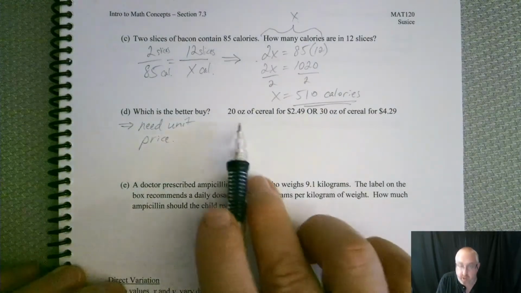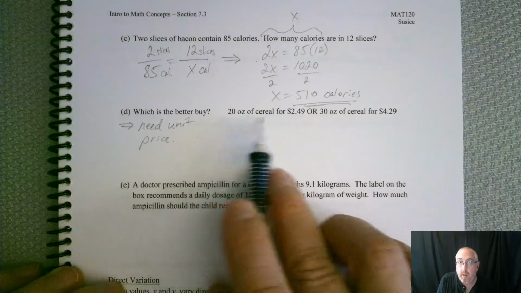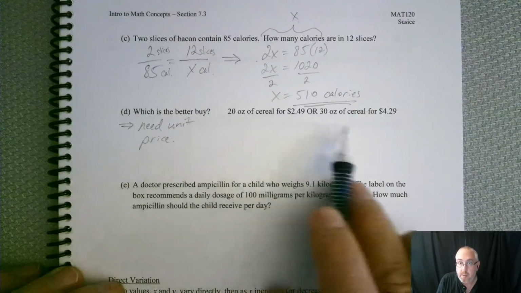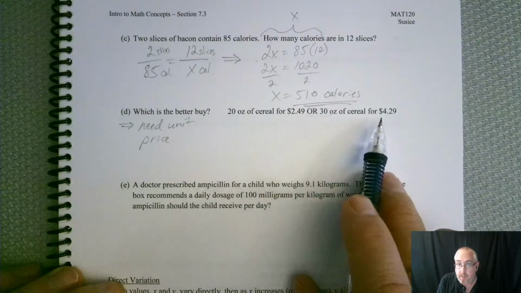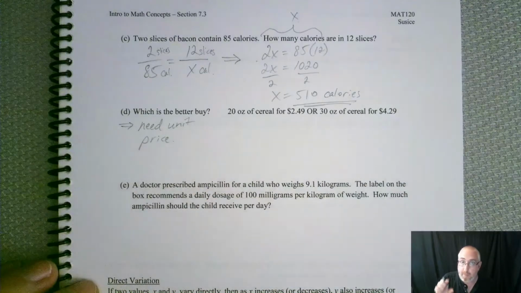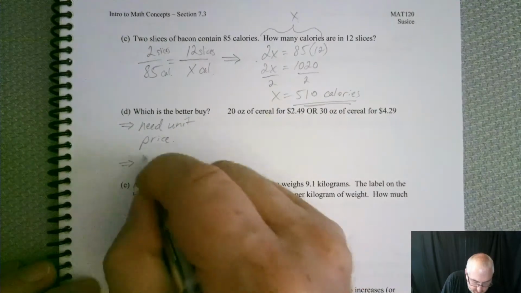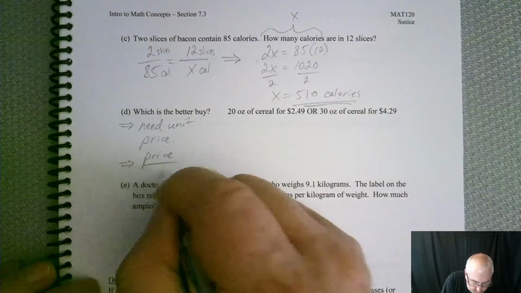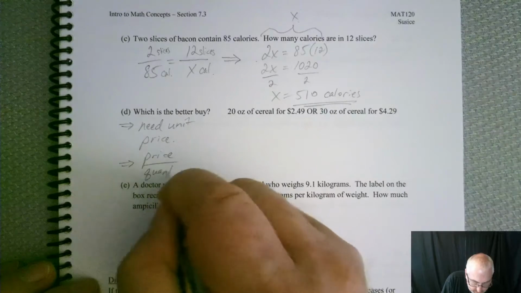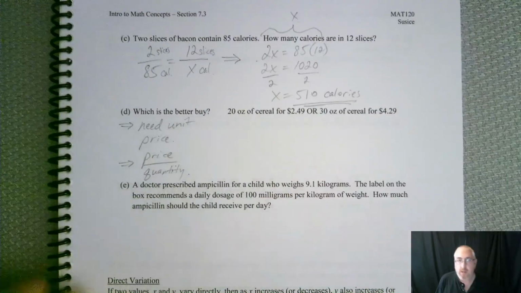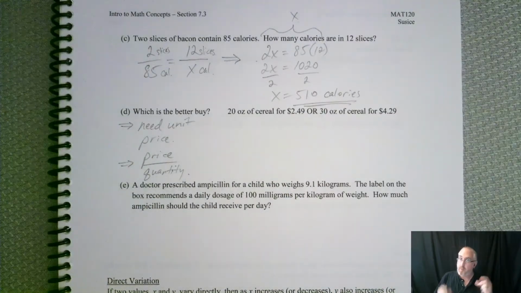Well, they're usually going to give you some quantity for some price. Well, you've got to put it into a ratio, but make sure you put it the right way. It's always going to be price over quantity.